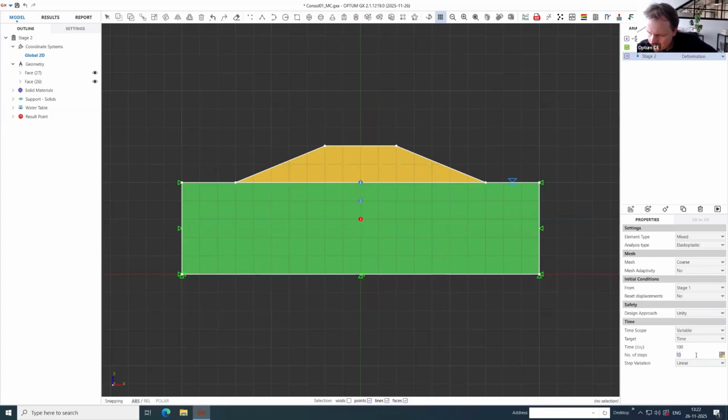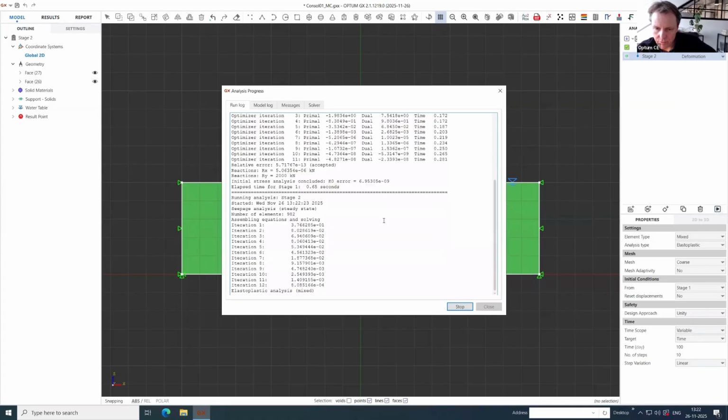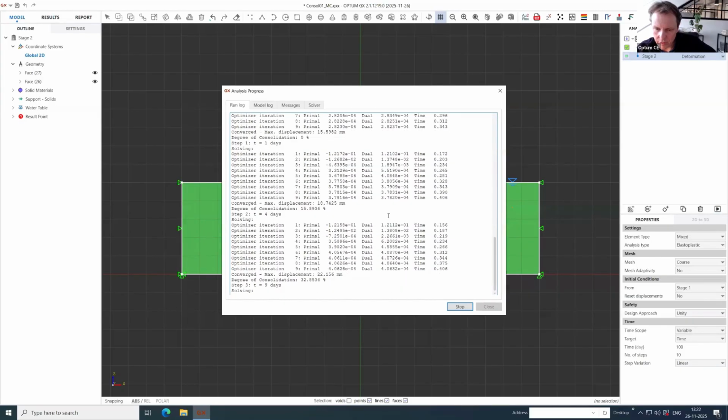In G2, for those of you who have used that, we have a separate analysis type called consolidation. In GX, it's part of deformation, and then there's this variable time scope that basically activates it. So I will try to run this just to show you that it actually does run.